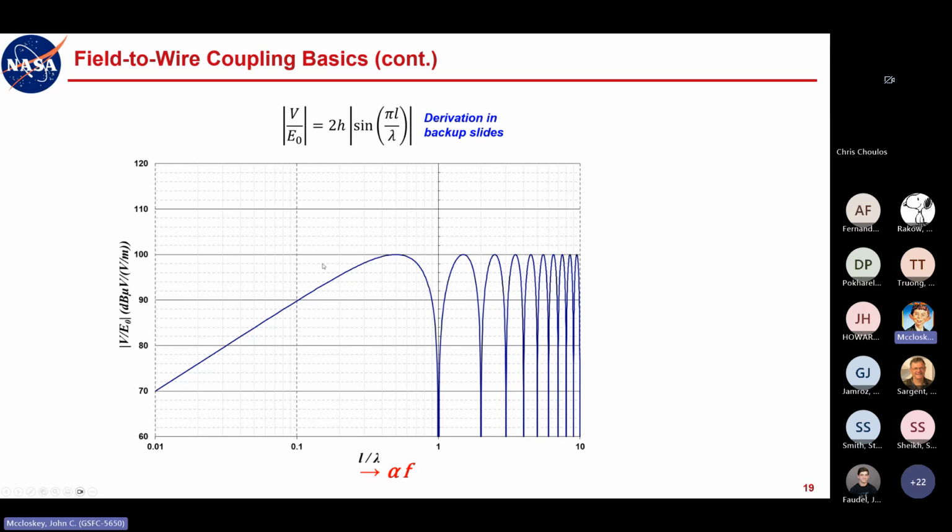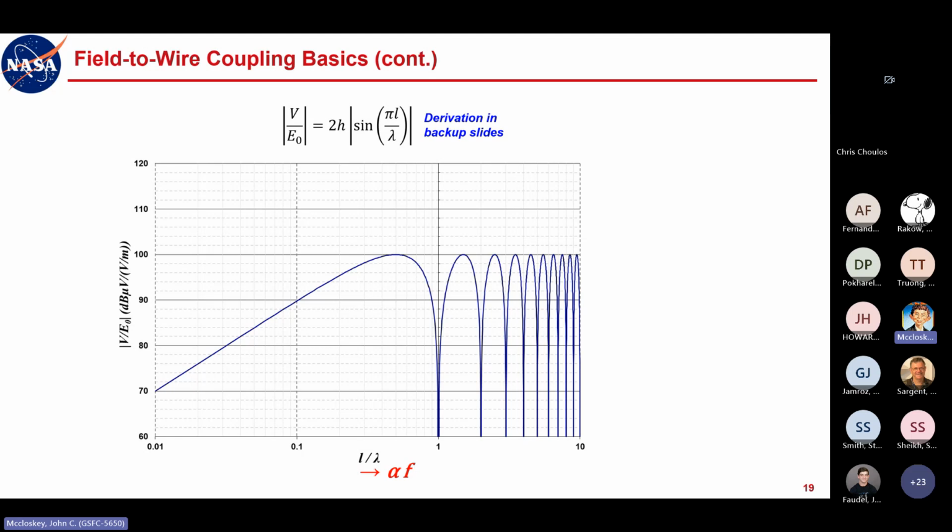So this just mathematically expresses what we walked through heuristically on the previous chart, and the derivation is in the backup slides. You start with the B field, do the integral to determine the total flux, and then the time rate of change. And then, like most of this sort of thing, it's just substitutions.